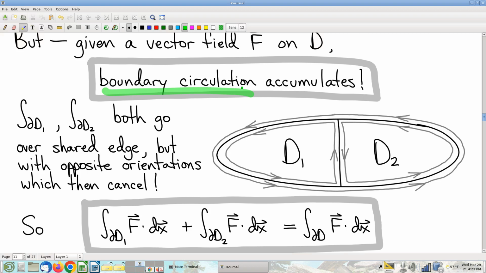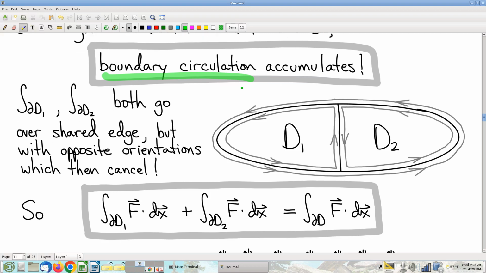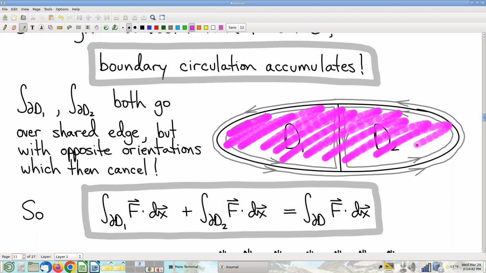Now, at a glance, it doesn't look like it. So I want to walk us through it, just like we did for the failure of perimeter. And I claim this is going to work. Here we go. I'll do purple again. Let's look at the whole here. Looking at the whole region, what does boundary circulation look like on this whole region?